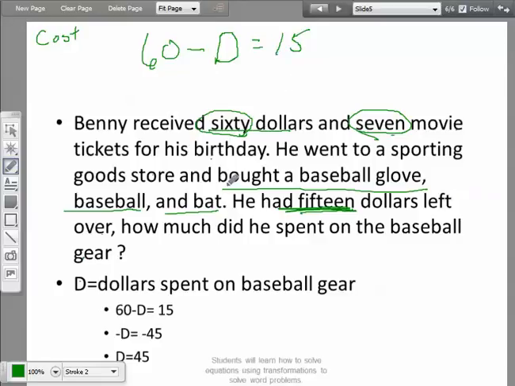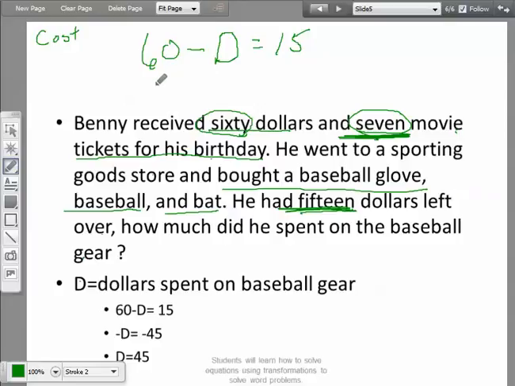Now, I want to point out something. Did the 7 have any meaning in this problem? Absolutely not. The 7 movie tickets were just extra information that we did not need to know to solve this problem. So I've got 60 minus D is equal to 15.